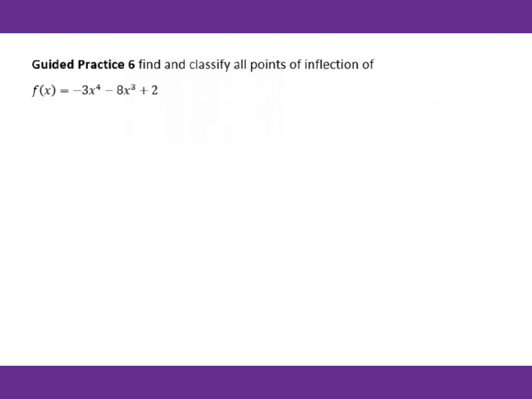Now let's go to guided practice 6. Find and classify all points of inflection of f of x equals negative 3x to the fourth power minus 8x to the third power plus 2. When you talk about inflection, it means the second derivative of f of x equals 0.